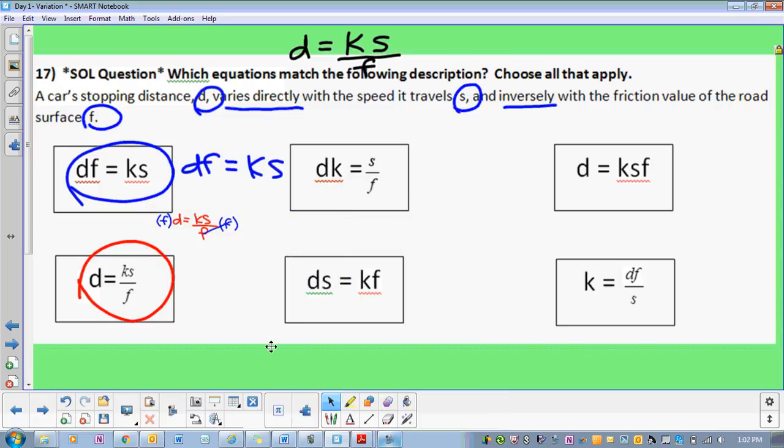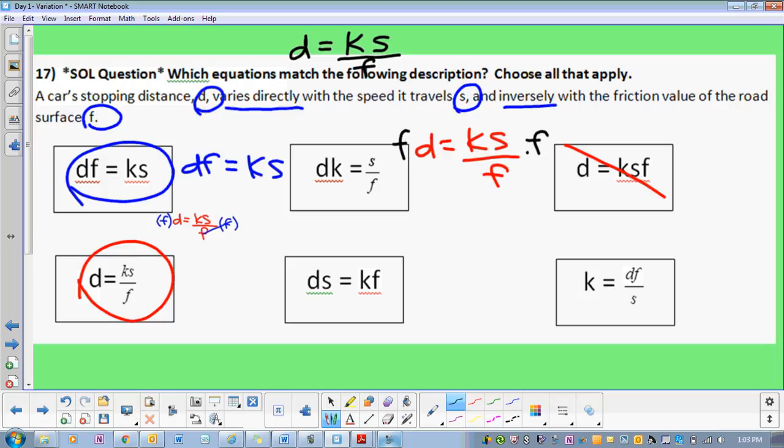All right, so that one. How about this one? Does this one work? Nope, the other one doesn't work. This one definitely not. If this one equals D, then that one is not, right? How about K? If you solve this guy for K, multiply by F. So you have DF equals KS.